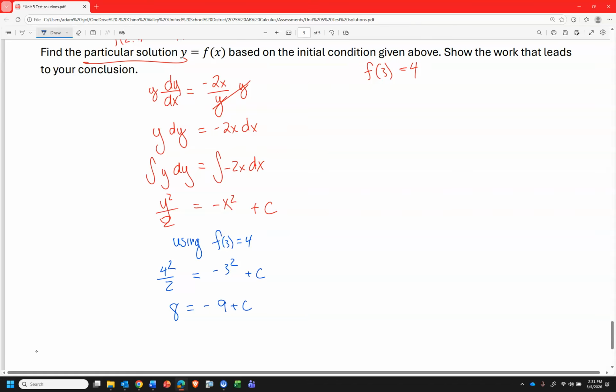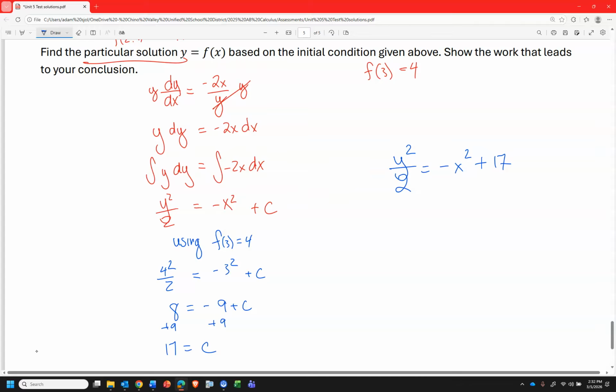And then again, an unreal number of people saw 8 minus 9 and wrote negative 1, but turns out, and we'll do the algebra because it's been a while apparently, 17. That's what's equal to c. So then basically we rewrite this part, y squared over 2 is equal to negative x squared plus 17.